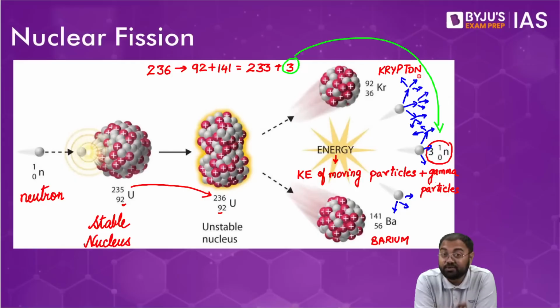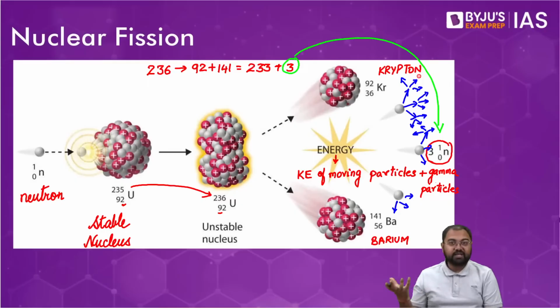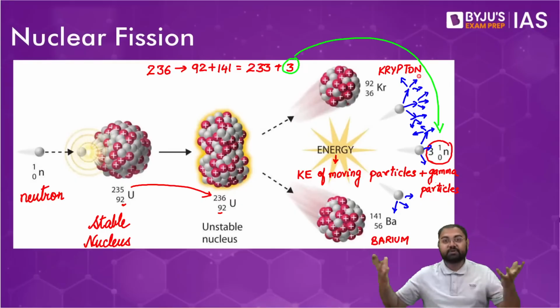So imagine the amount of nuclei that is available in front of these extra neutrons. They'll just keep on bombarding, and that's why a chain reaction will be set up here. This chain reaction can become very dangerous because an enormous amount of energy is being produced at each and every step.